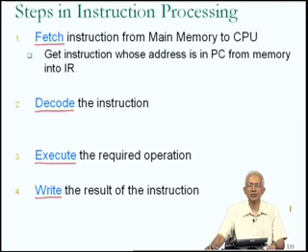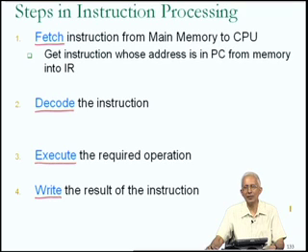As far as fetch is concerned, it's fairly clear that in order to get the instruction out of memory, the processor must identify to memory which instruction it is interested in. The processor keeps track of which instruction it is interested in in its special purpose register called the program counter.